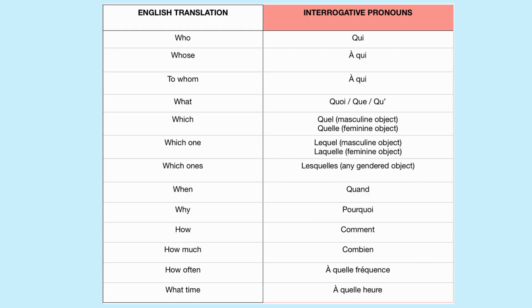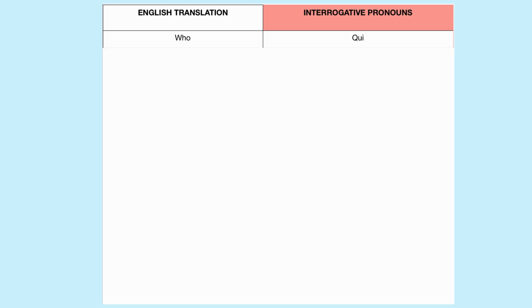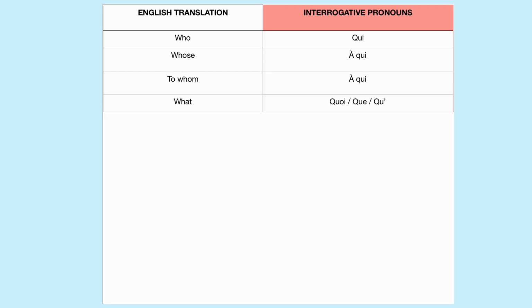Finally, to end this lesson, we will look into the interrogative pronouns. Who is qui. Whose is à qui. To whom is à qui. What can be quoi, que, or qu' before a vowel, which is either quel for a masculine object or quelle for a feminine object.